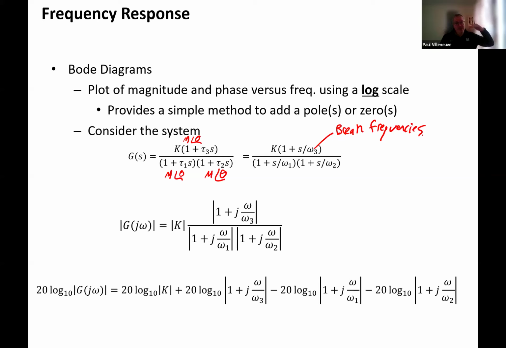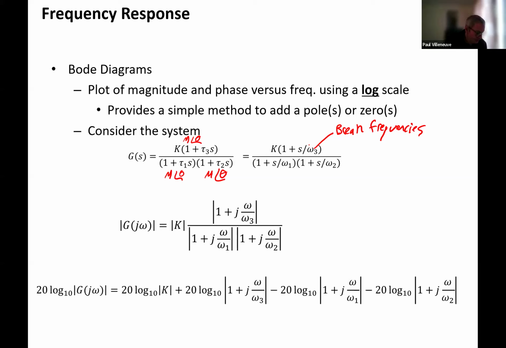So a break frequency literally means you're breaking from this nominal value, and you're going to start going up, or going down in that direction. It's much easier to show them with this representation of s divided by this omega term. And again, we'll start to see that when we build these.